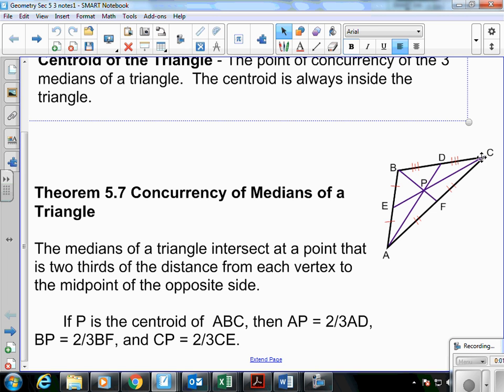And whatever the length of CE is, CP is going to be 2/3, which leaves PE to be 1/3 of the total length. So if this was a length of 3 from C to E, then C to P would be 2, P to E would be 1. And so forth and so on with all the medians.